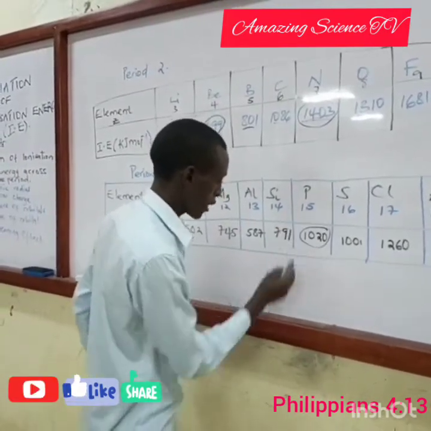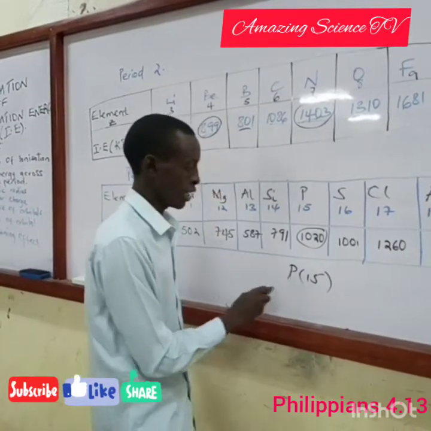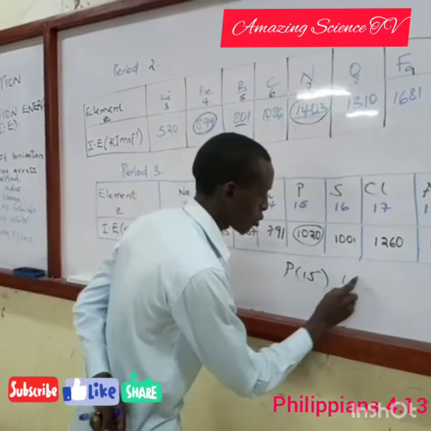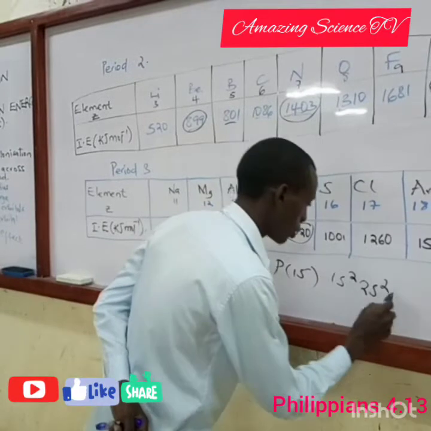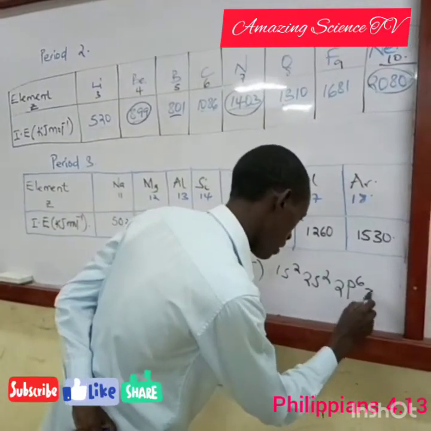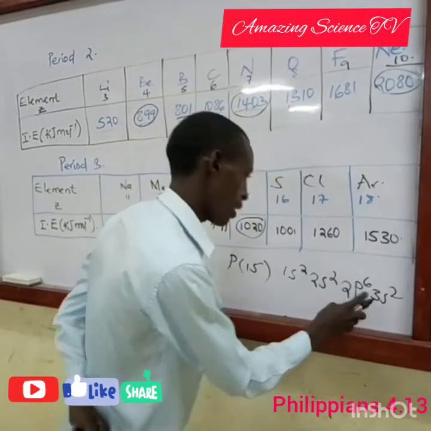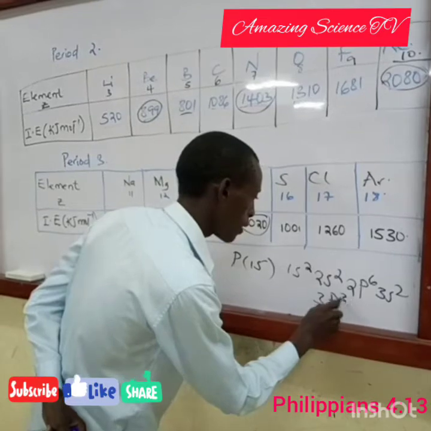Phosphorus has 15, and we see its configuration is 1s2, 2s2, 2p6, and then 3s2, and then 3p3, isn't it?